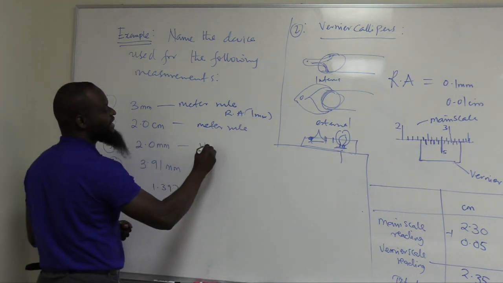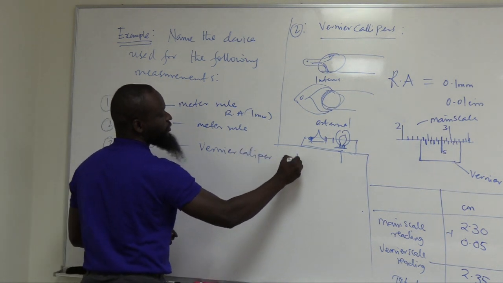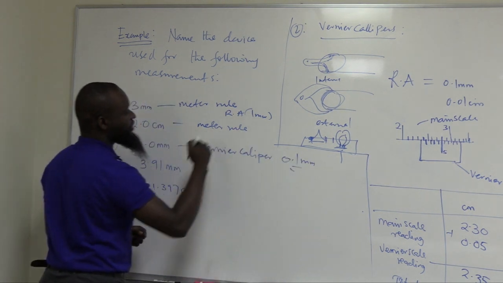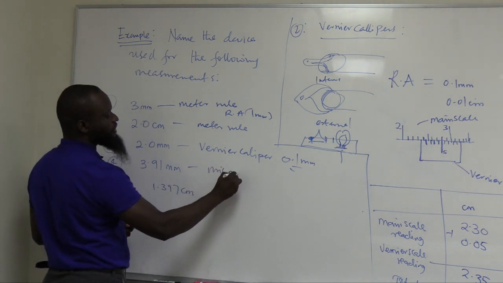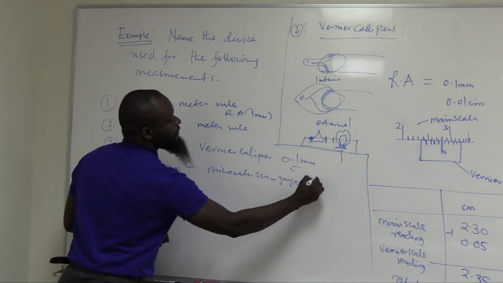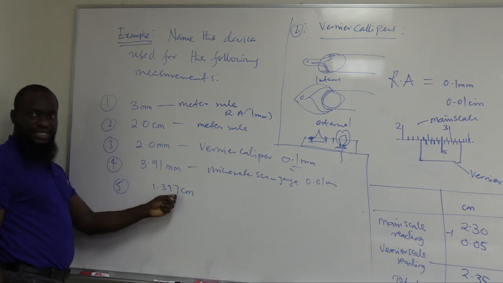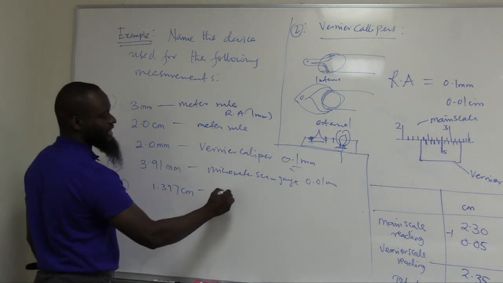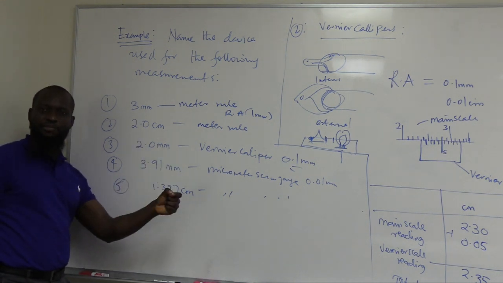2.0 millimeters. 1 decimal point in millimeters, 0.1 millimeters. That has to be a Vernier caliper, because it has a reading accuracy of 0.1 millimeters, 1 decimal point. 3.91 millimeters. This is a micrometer screw gauge, because it has 2 decimal points in millimeters. And 3 decimal points in centimeters is the same as 2 decimal points in millimeters.